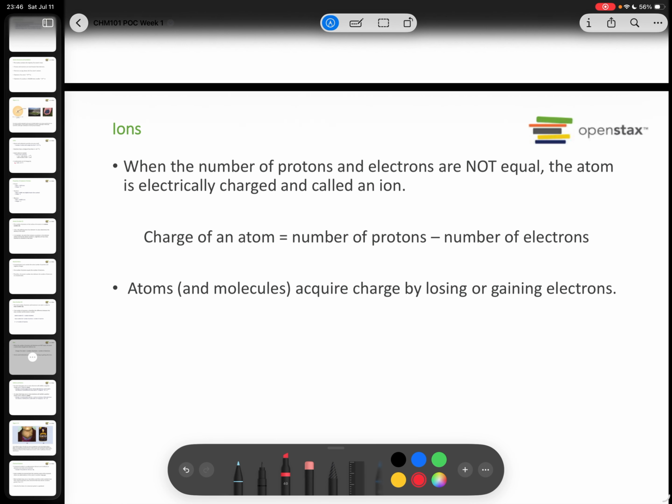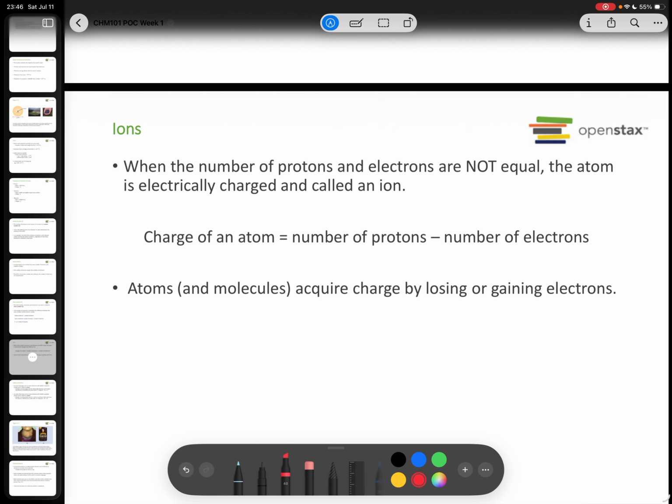So when the number of protons naman and electrons are not equal, the atom has a net electrical charge, okay? And it's called an ion na when may charge. The charge is calculated as the number of protons minus the number of electrons. Atoms become ions by losing or gaining electrons.